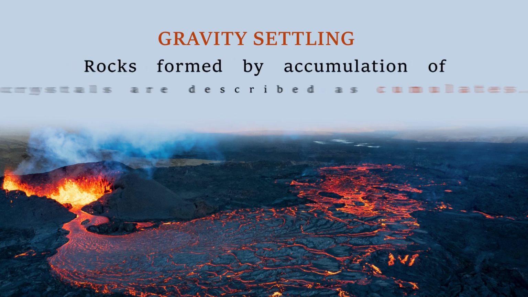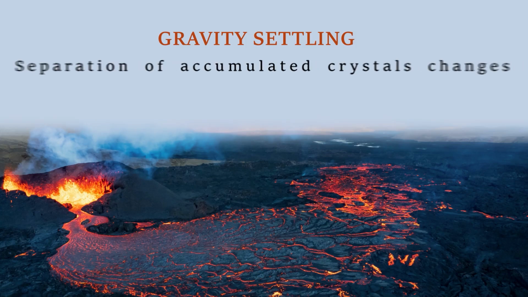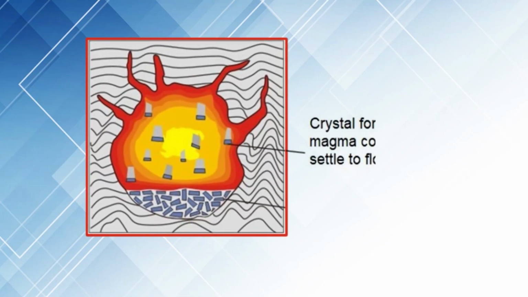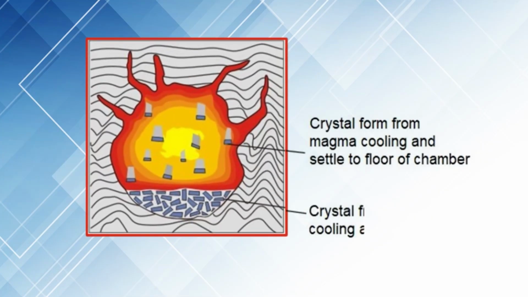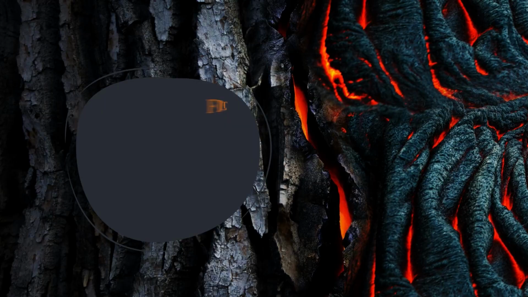So the rocks formed by the accumulation of these crystals are described as cumulates. So the separation and accumulation of crystals changes the composition of the magma, and this gives rise to evolution and diversification of magma. You see here early formed crystals, how they are settling in the magma chamber and the floor of the chamber.